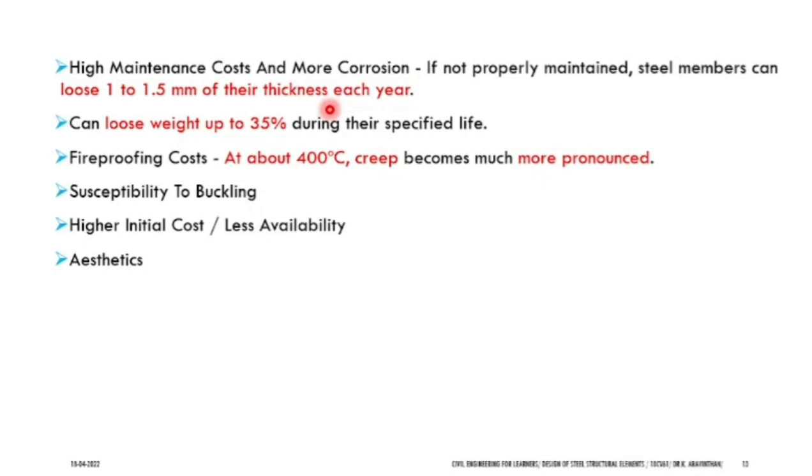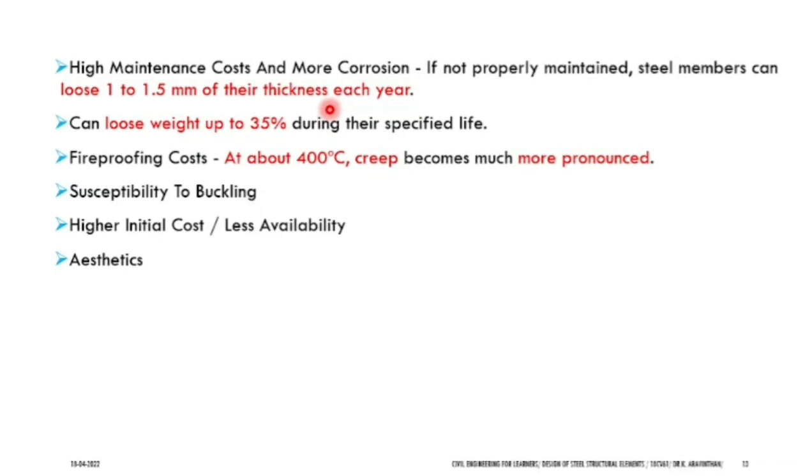So this is a statistic. The steel is always exposed to the environment, so it has environmental issues and deteriorates with that. Around 1 to 1.5 mm of thickness will be reduced, unless you take care of that.